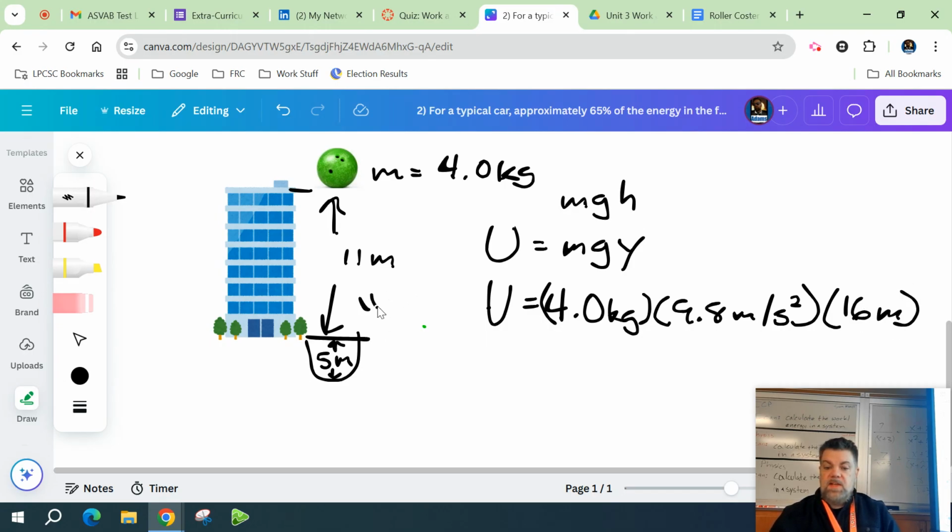So remember that 11 plus 5 equals 16 meters. So the total displacement in the y direction is 16 meters.